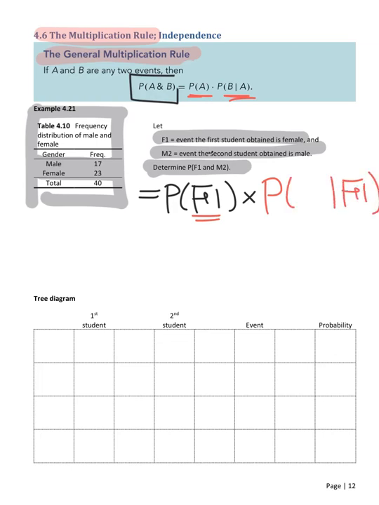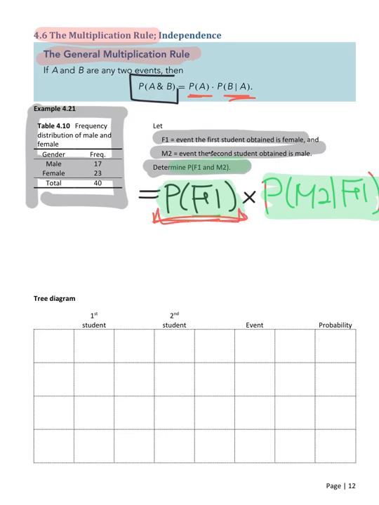Then the other one, M2. So separately again, we take the unconditional probability F1, and then take the conditional probability separately, and then take the multiplication. For what? The joint probability F1 and M2. So let me take them separately, one by one.